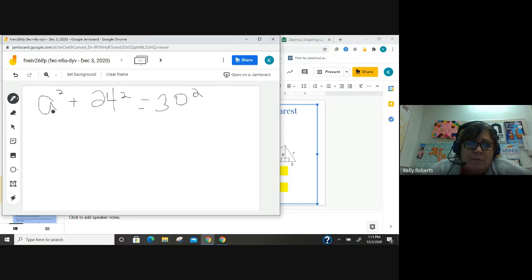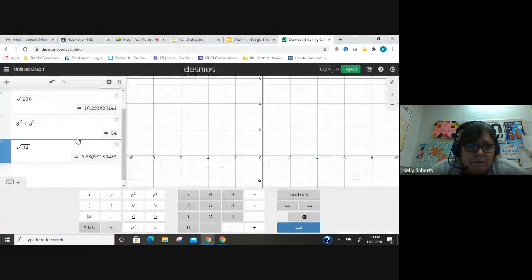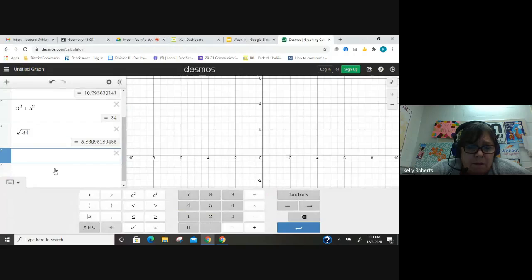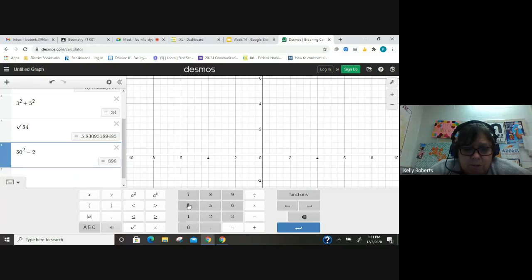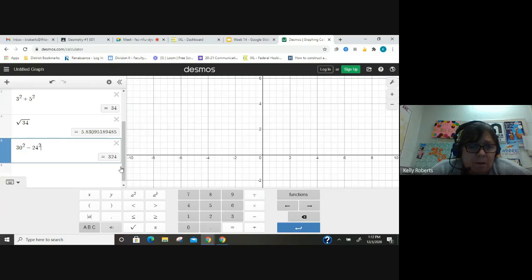Okay, so I want to get A squared by itself, so I'm going to subtract 24 squared from both sides. So let's look at the calculator. 30 squared minus 24 squared is 324.